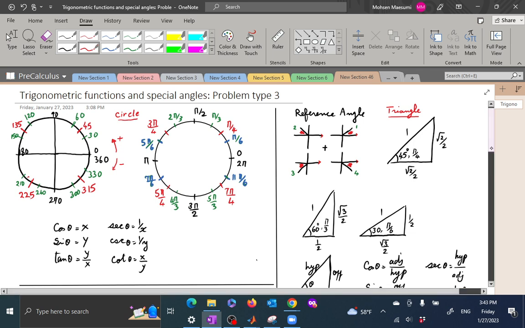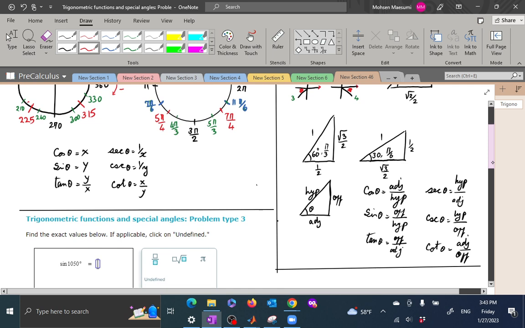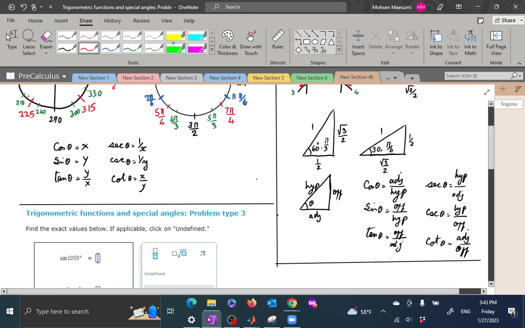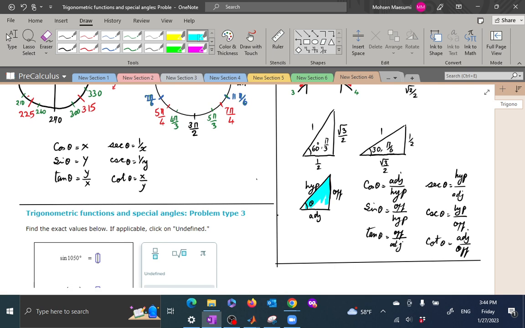In the triangle version, you have a triangle. You are focusing on some angle theta. With respect to that, you define the opposite and adjacent, and of course the hypotenuse, always the longest side. Then the 6 trig functions.